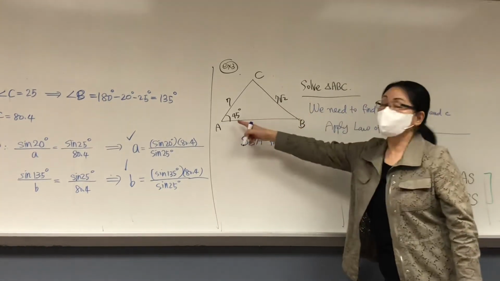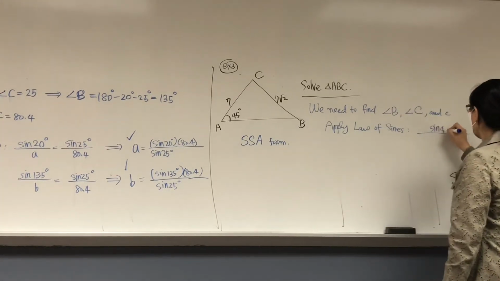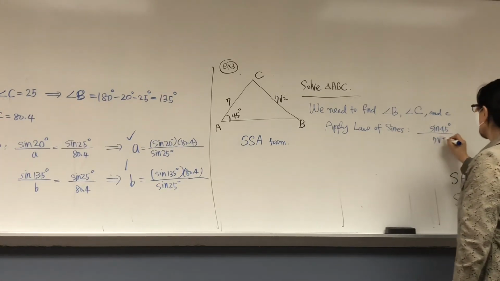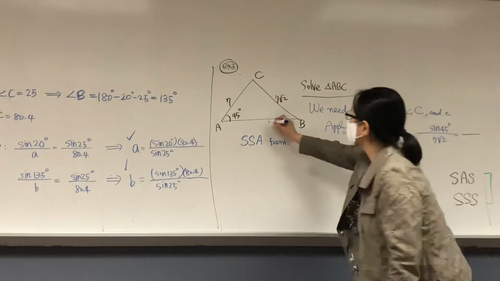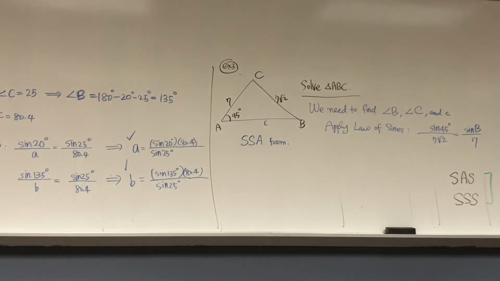This one is known. So sine 45 over 7 square root of 2 is equal to sine B over 7. Here you can solve for sine B, so cross multiplication.